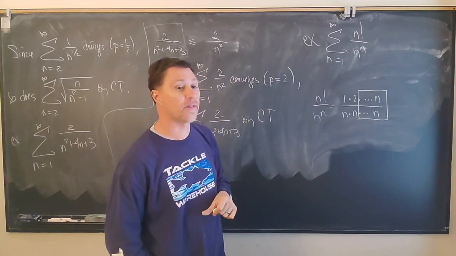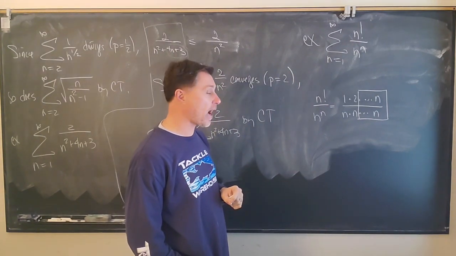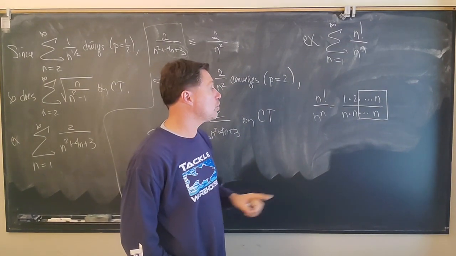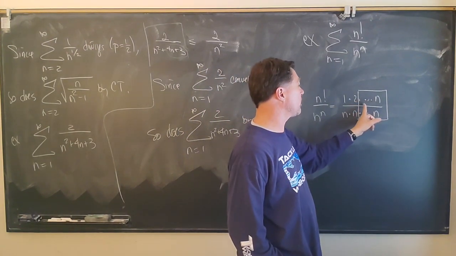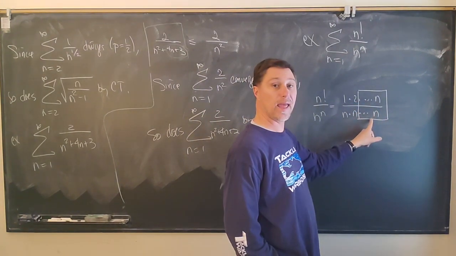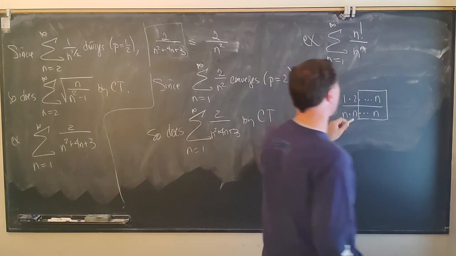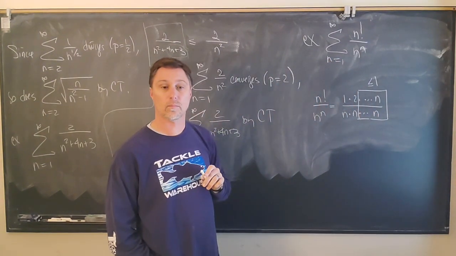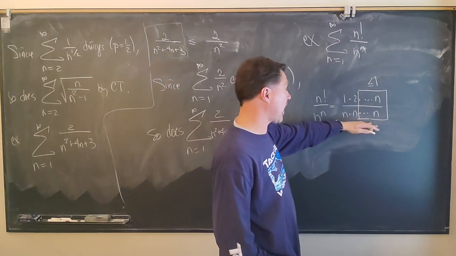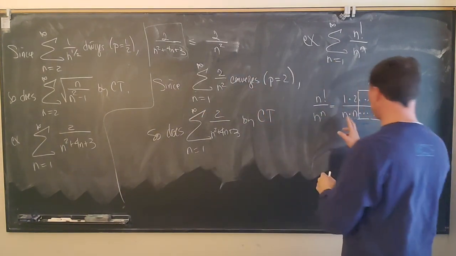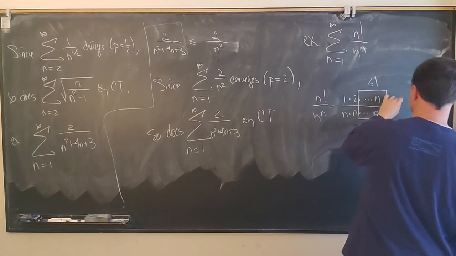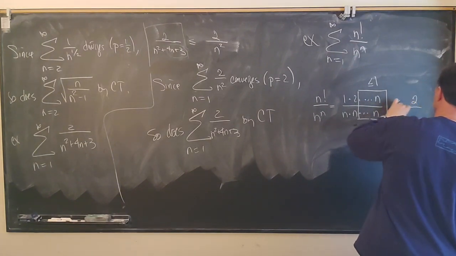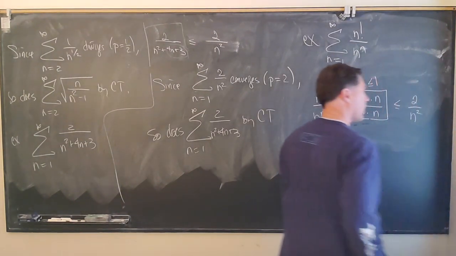If you look at the stuff in the box, we're going to have a bunch of fractions whose numerators are all less than or equal to the number n, which means that the stuff in the box is less than or equal to 1. Which means that this fraction right here is less than or equal to the leftover stuff here, so this is less than or equal to 2 over n squared.